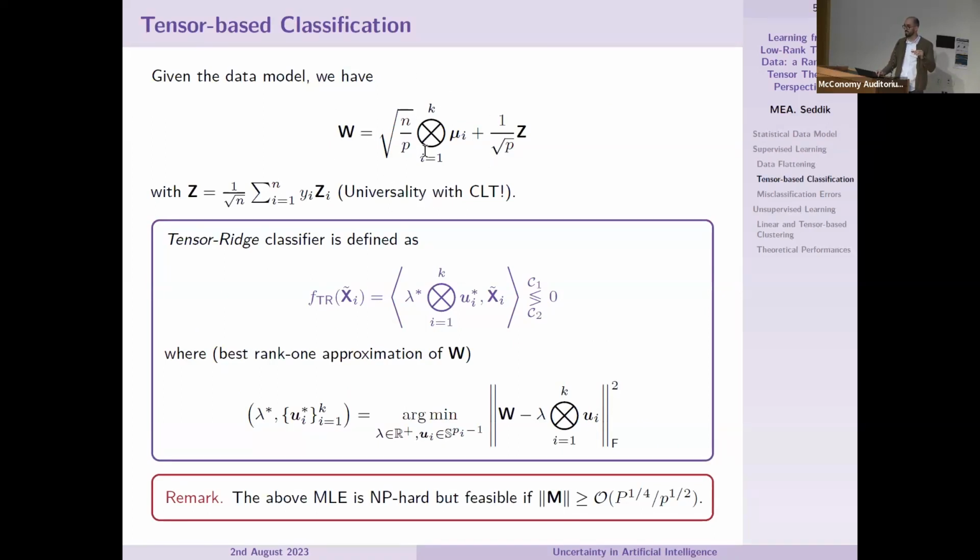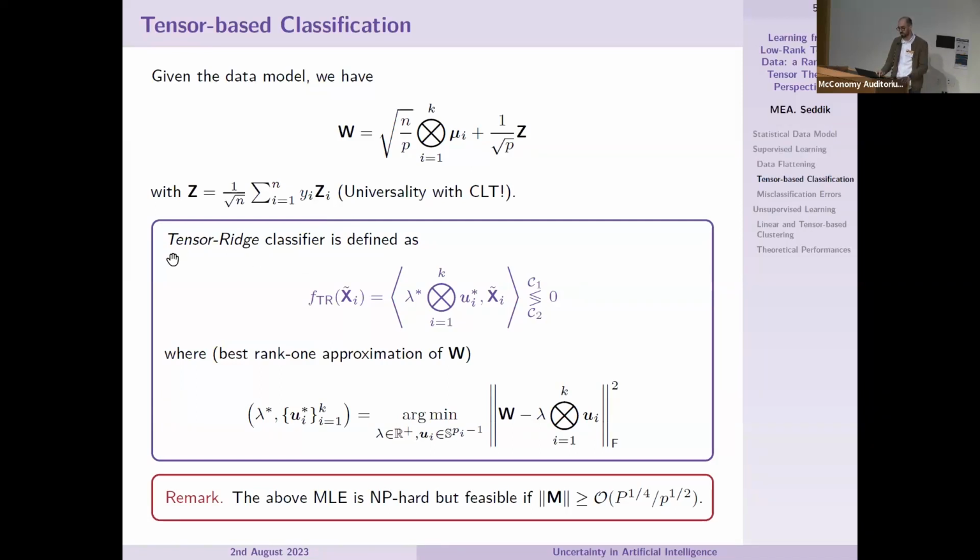We have a rank 1 term, which corresponds to the signal or the mean of our data points, and a noise term, which is given by this tensor here. By the way, in the beginning I assumed that the entries of the noise term are Gaussian, but we can relax this assumption, since for each entry we just have a sum of IID random variables.